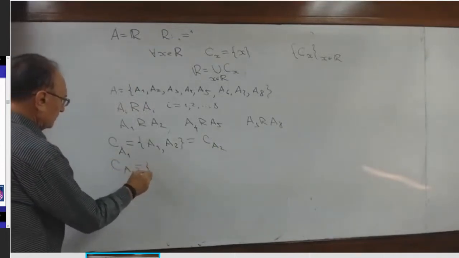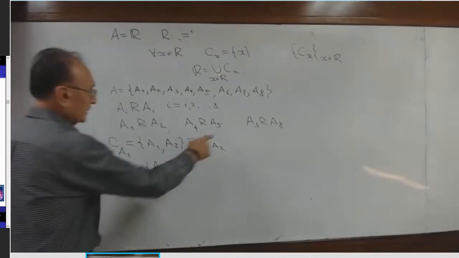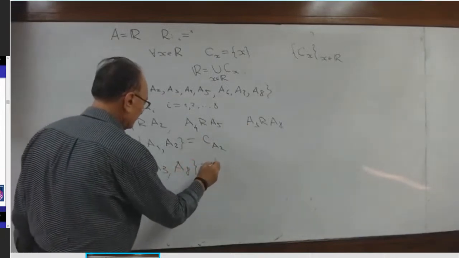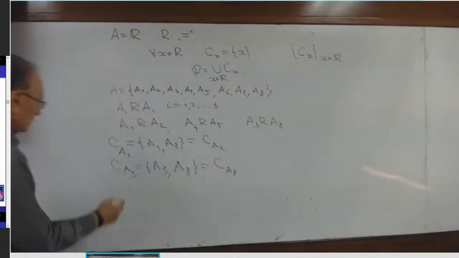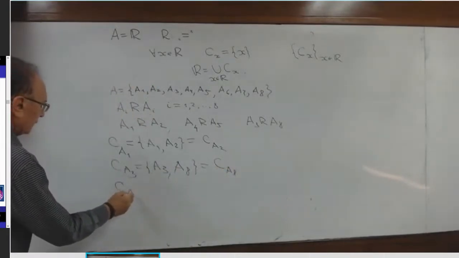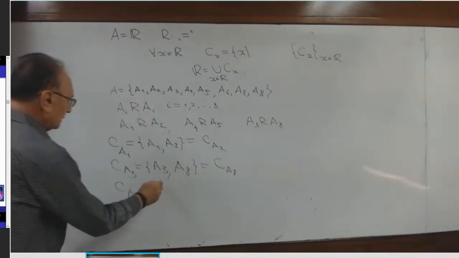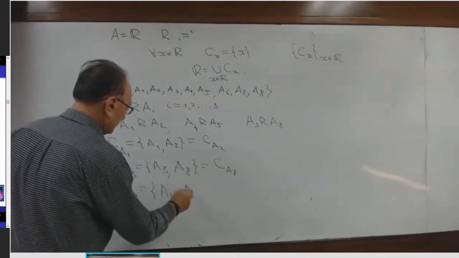CA3: first of all, this is A3, plus I should add A8. This one is CA8. CA4 is A4 itself first, then A5.